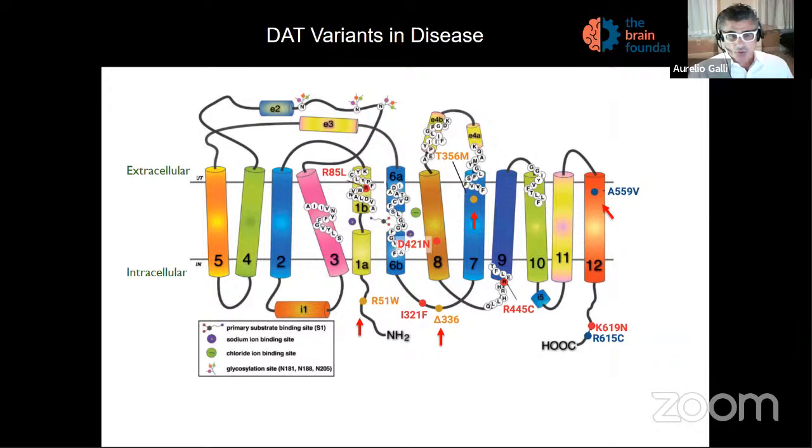This is another mutation that is very, very important because the third intracellular loop is one of the loops regulating the intracellular gate of the transporter. Transporters have two gates, one extracellular, one intracellular, that are controlling and regulating the movement of dopamine across the plasma membrane. There is an alanine to a valine on the top of transmembrane 12.